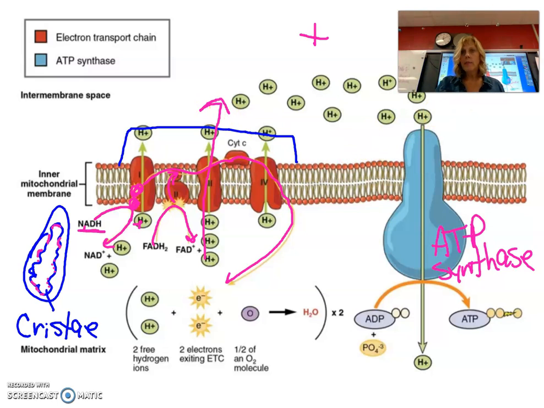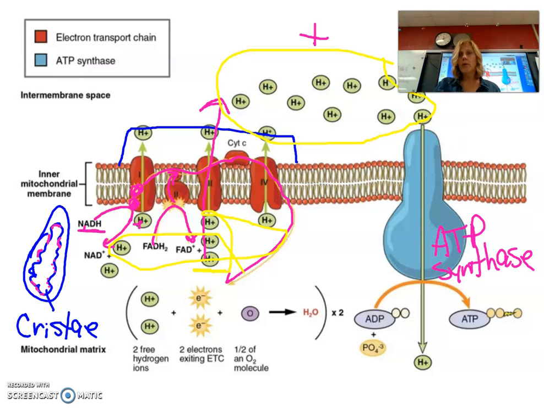And as this happens, it's creating this gradient. Remember how much nature does not like a gradient? It's creating this gradient of all of these protons on this side of the membrane and not so many on this side of the membrane, right?